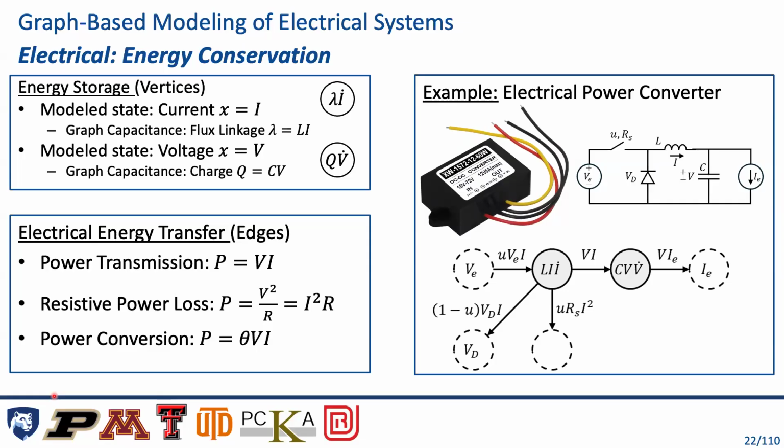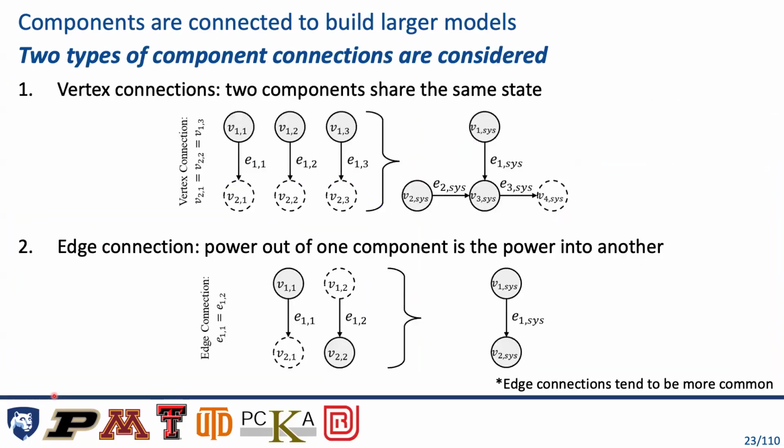We've built a ton of components over the past decade. These are all in the graph modeling toolbox that you'll hear about in just a few presentations. But the core thing to take away is to understand how energy is stored and how energy is transferred. That's the big thing when it comes to building single component models.